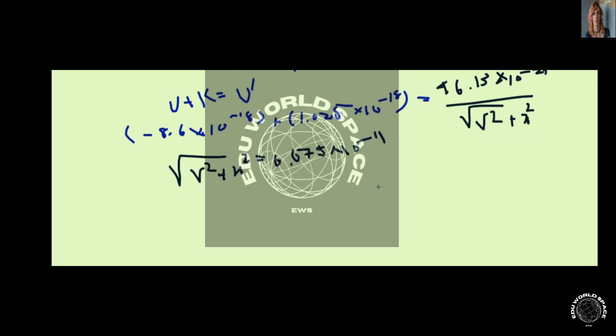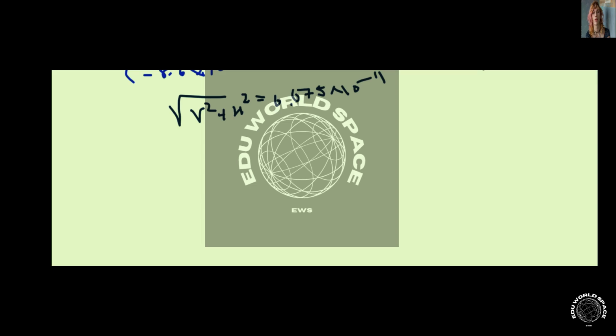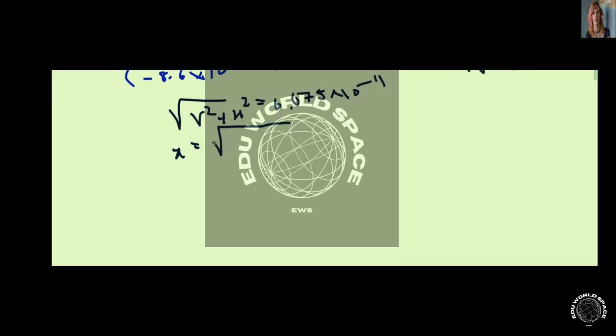Now if you solve for x, since you know the radius, x is equal to the square root, since x is squared, let's just do the algebra in one step to make it quick.